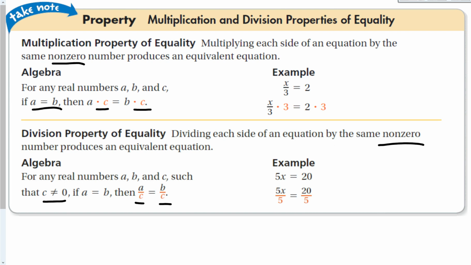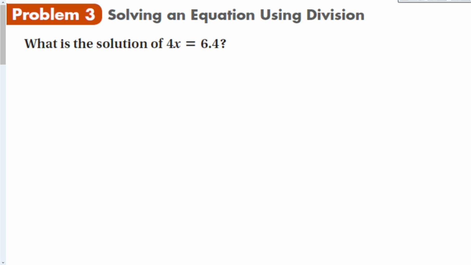Okay? And sometimes my numbers aren't even perfect. They're not even very nice. Just remember that 4x is equal to 64. This 4x right there means 4 times x. Okay? So when I see this, I want to do the same thing. I want to isolate my variable by doing inverse operations. I see multiplication. The inverse of multiplication is division.